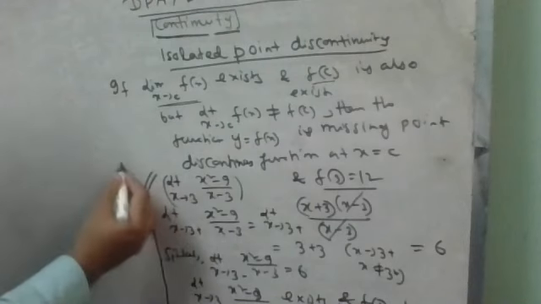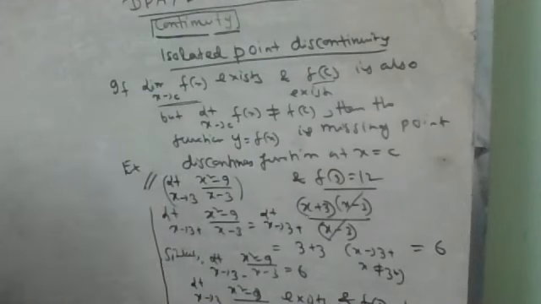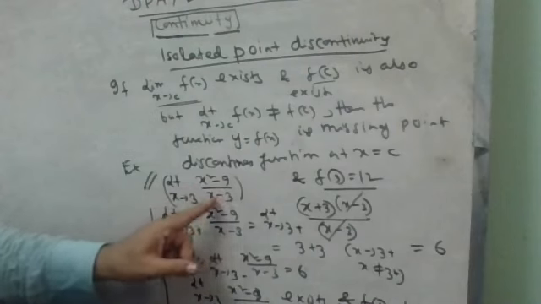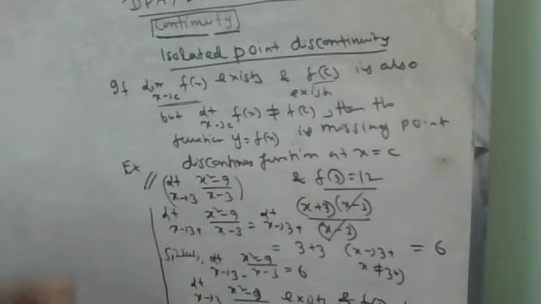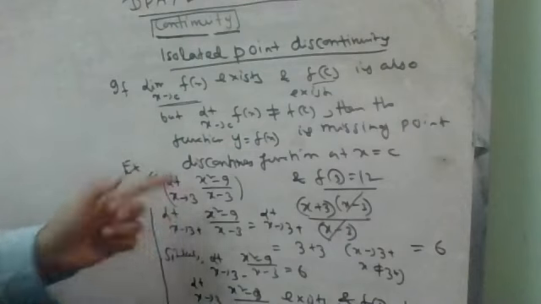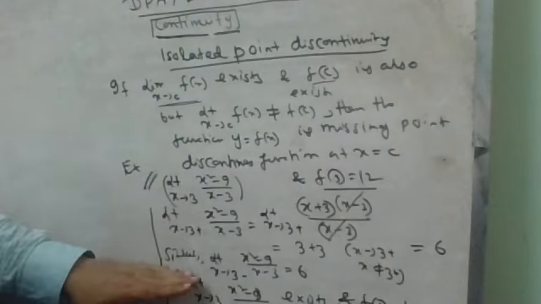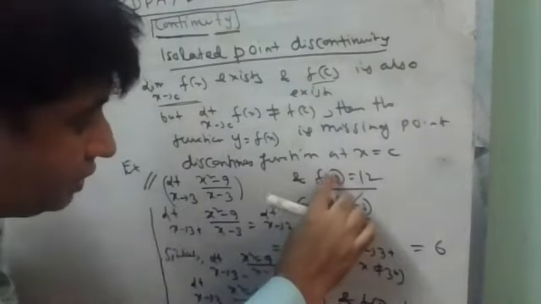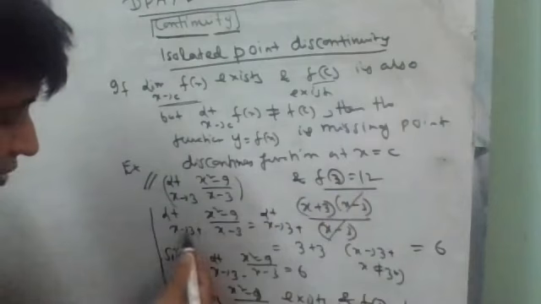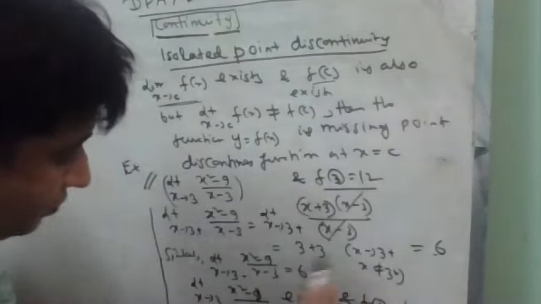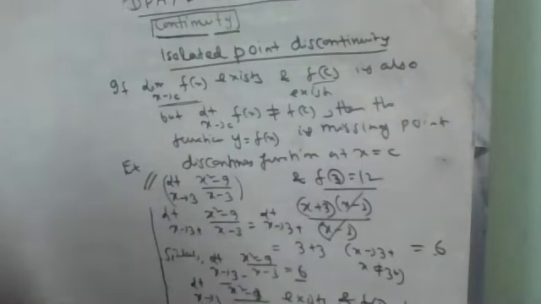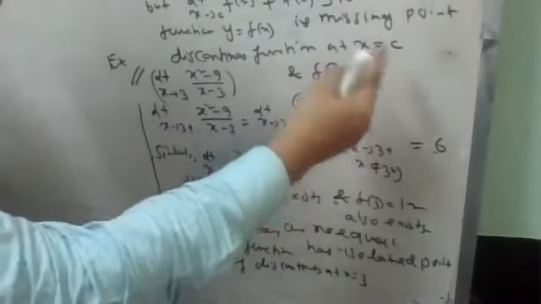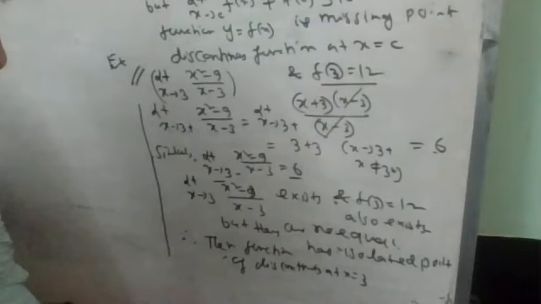We have taken one example: limit x tends to 3, (x square minus 9) by (x minus 3). You will examine the existence of the limit, and f(3) is given 12. See, x tends to 3 plus, you will get 6. Similarly, x tends to 3 minus, 6. So limit exists at x is equal to 3, but f(3) is equal to 12, so they are not equal.